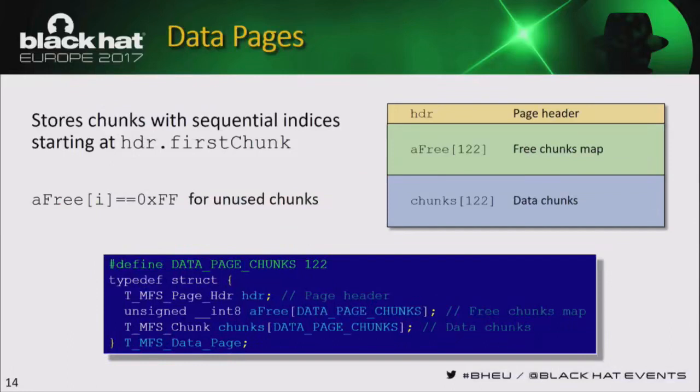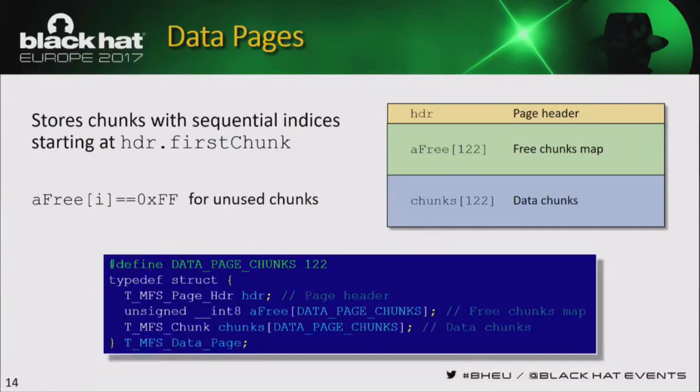Data pages are a little bit simpler. They have a set of chunks. There are 122 of them, and they have an array of bytes that contains marks, whether a chunk is occupied by data or not. Initially, all elements of that array are filled with FF value, and when some chunk is stored, it's dropped to 0.